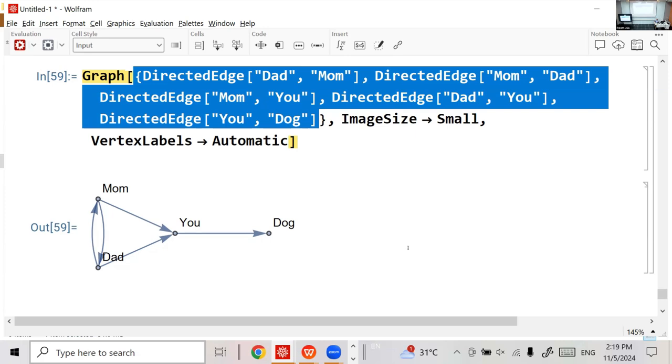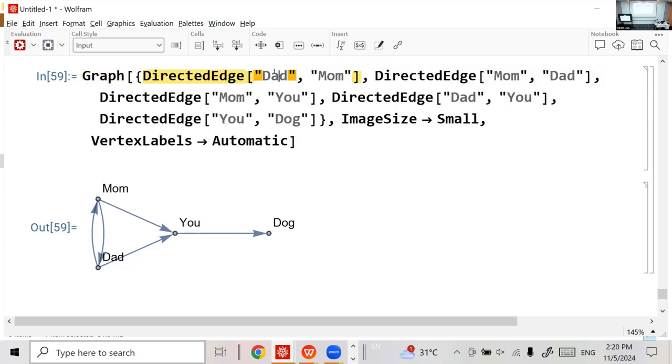But if you work with something like phone numbers or student IDs, something that comes in a table, you have to create the graph yourself from the table. In other words, you would take the first one from the first column and the second one from the second column, and create an arrow between one and the other. Does that make sense?